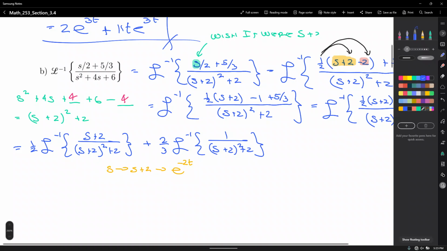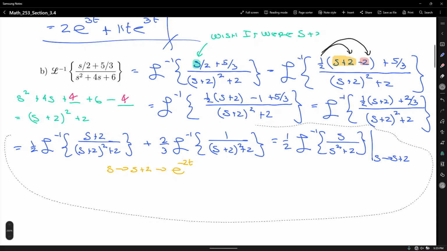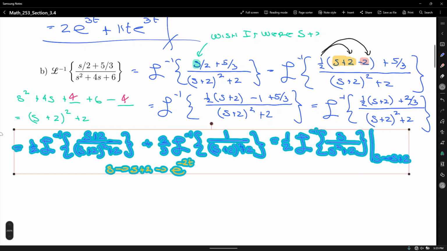Now, I'm going to denote 1/2 inverse transform of s over s squared plus 2, and then I'm going to say s goes to s plus 2. But I'm running out of space here, so let me make this a bit smaller and make some room.